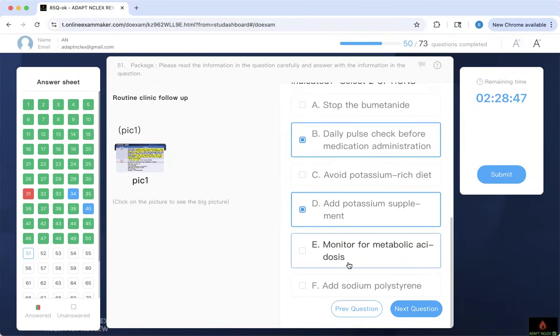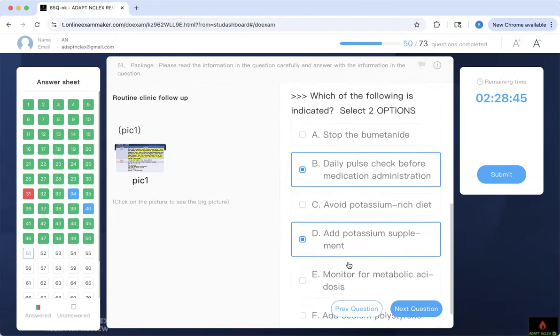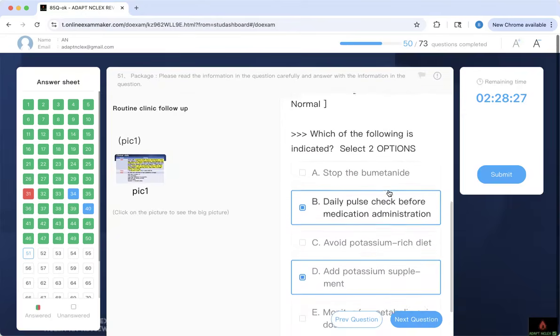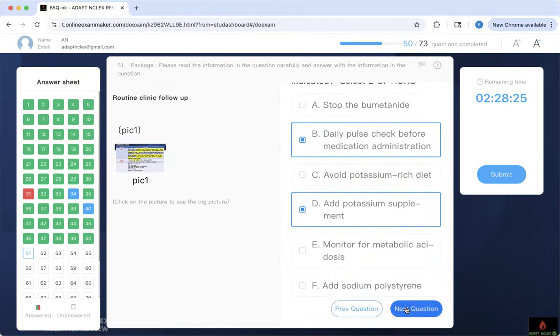You should monitor for metabolic acidosis. What do you think? And add sodium polystyrene? We don't need to do that. Polystyrene would decrease potassium. So we should not do that. This is a little bit difficult in terms of the answer choices, but this is talking about hypokalemia and hyperkalemia treatment.